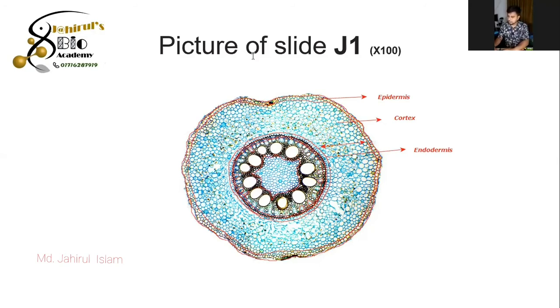Okay, so I'm showing you this larger part is xylem, and this is the very smallest part, that is phloem. Okay, so this annotation is only so that you will understand.